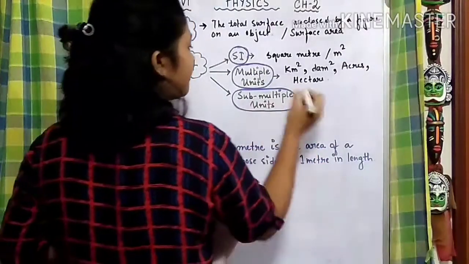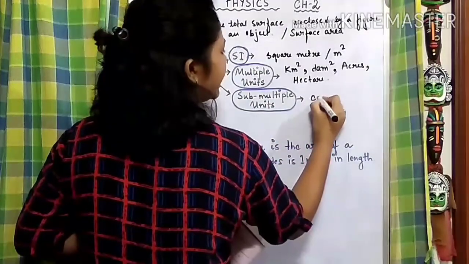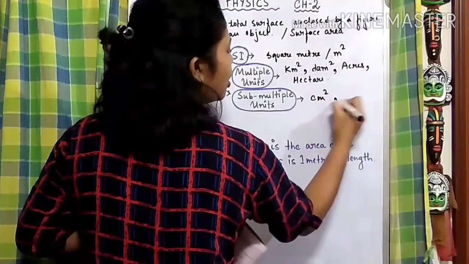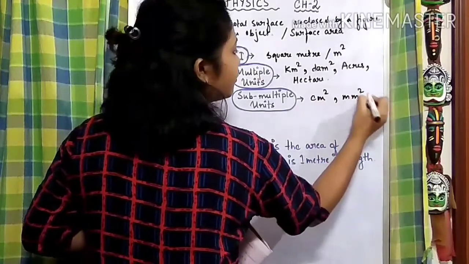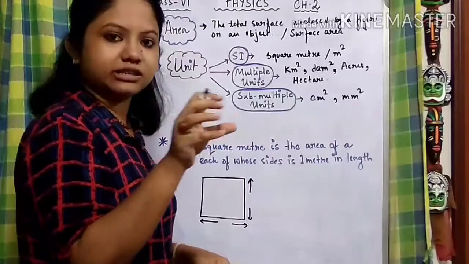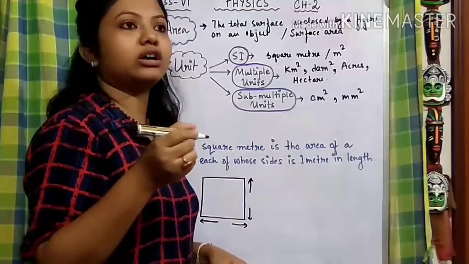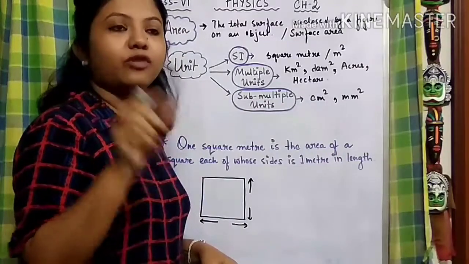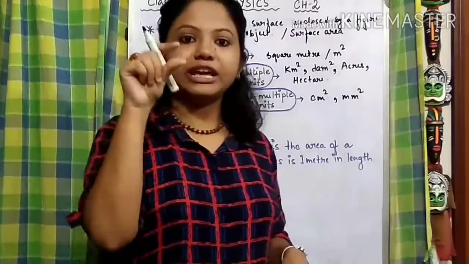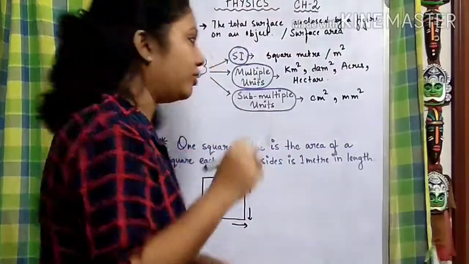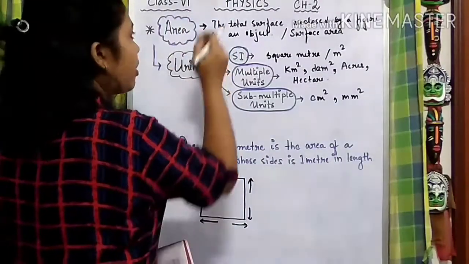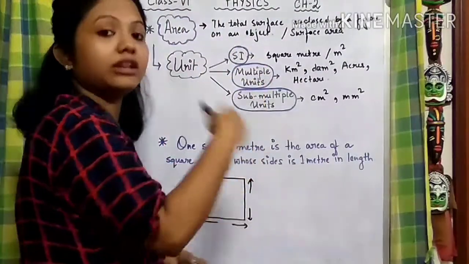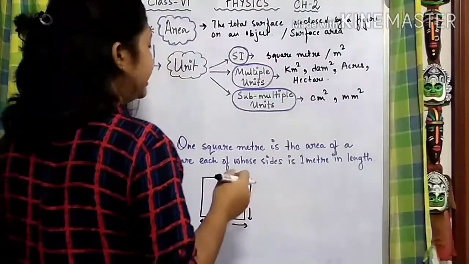Now coming to the sub-multiple units, these can be centimeter square or millimeter square for measuring smaller areas, like this pin or smaller cubes or the surface area of an eraser. These are the units of area we generally use most in our daily life.